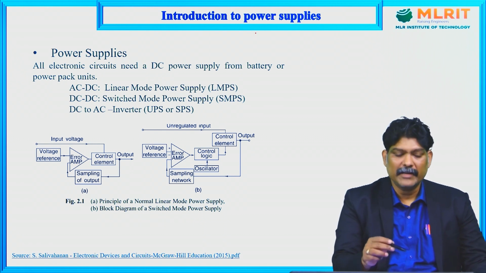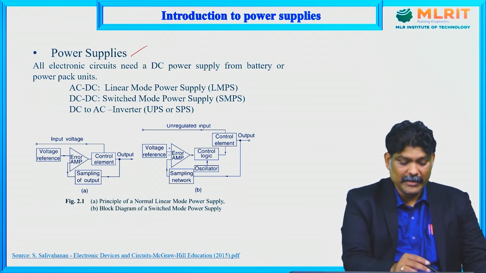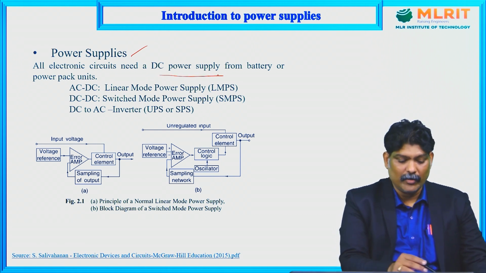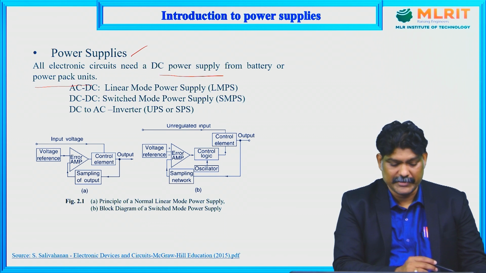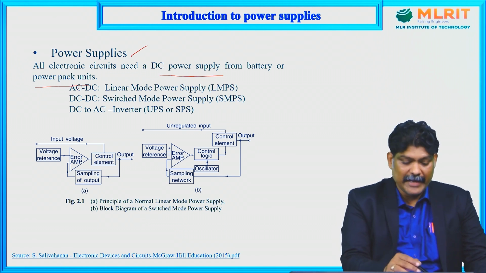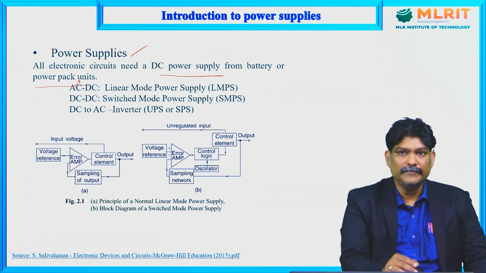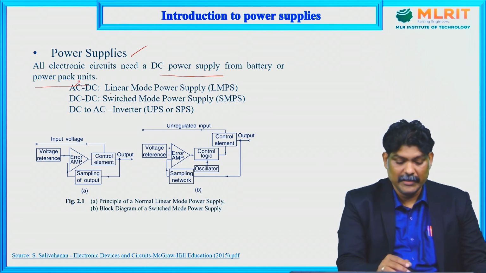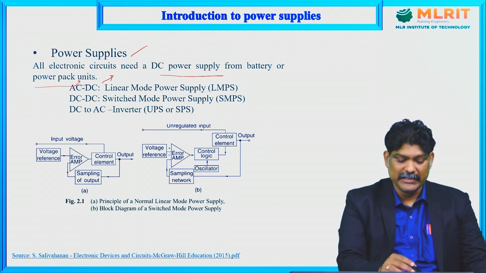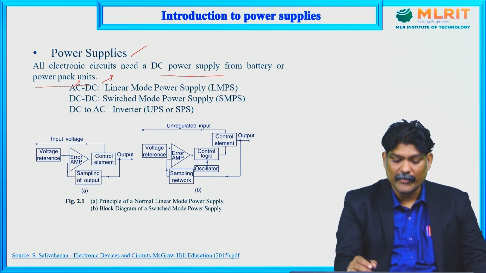What do you mean by rectifier power supplies? All electronic circuits need a DC power supply from battery or power pack units. So here AC to DC, that means alternating current into direct current. The network which converts this AC to DC is also called a linear mode power supply.